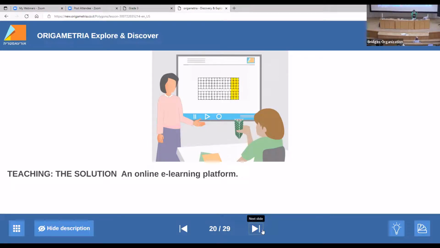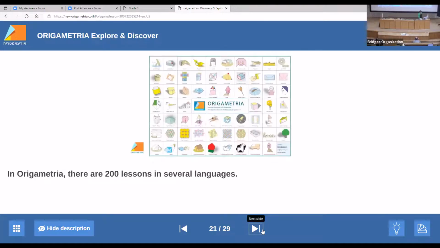So the children say the length of the angle is the angle, or maybe the distance. But angle is the distance between one to another. So when we do it with Origametria, it's much easier to escape all this misconception.